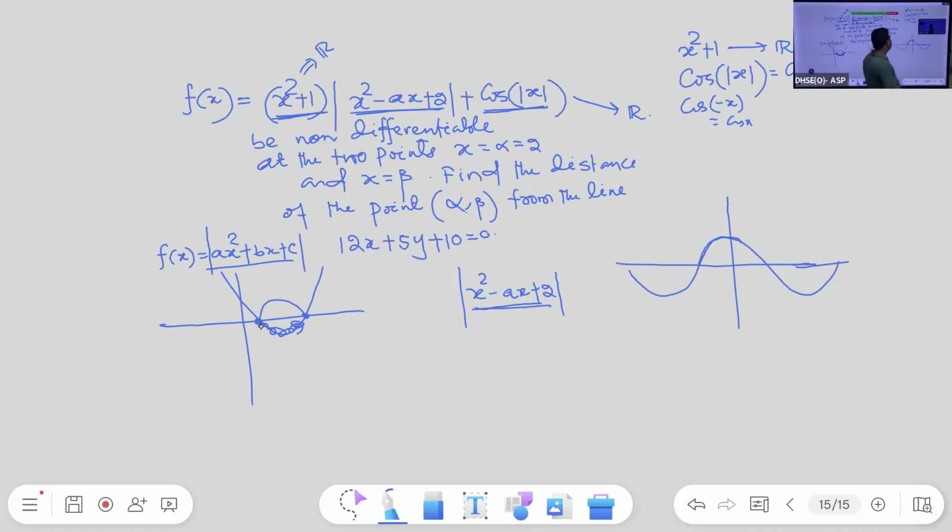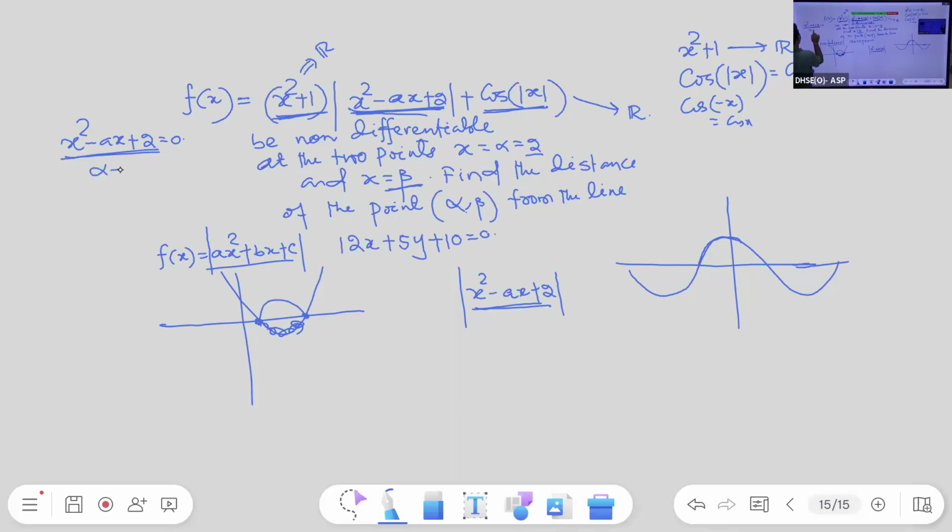The corner points are the points at which the quadratic attains 0 value, that means the roots of the quadratic equation. So the roots of this quadratic equation are x is equal to 2 and x is equal to beta. Alpha and beta are roots of the equation x square minus x plus 2 is equal to 0.